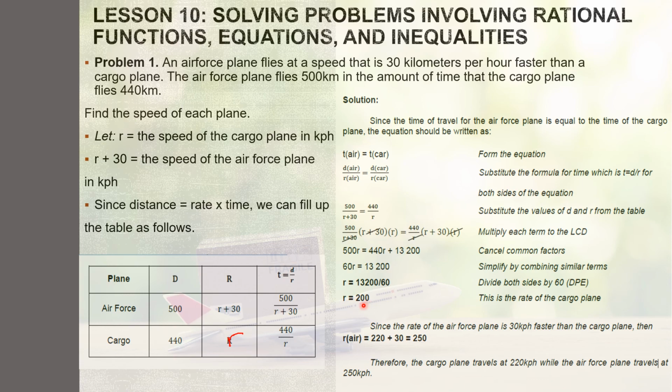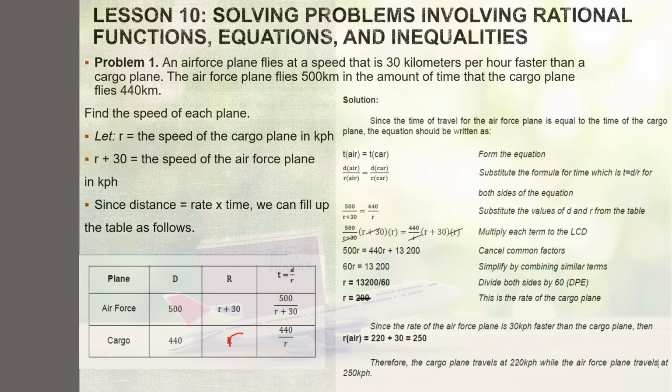And then you simplify. 13,200 divided by 60 is 220. I earlier said 200 and 250, but R is actually 220.